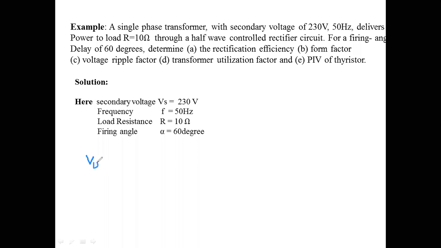V naught is equal to Vm by 2 pi of 1 plus cos alpha.